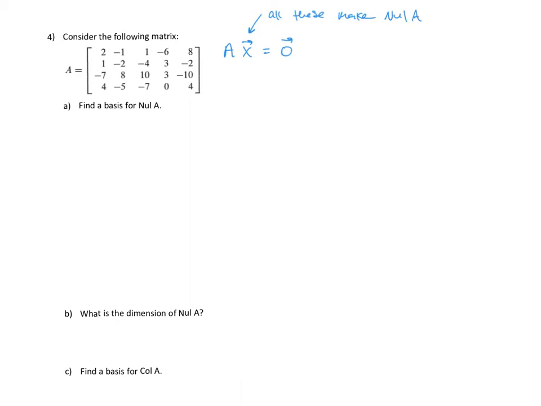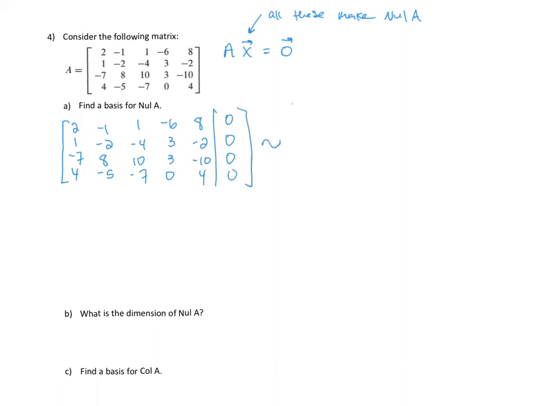I'm going to take A, augment with zeros, and row reduce, and find out what vectors x will give the zero vector.